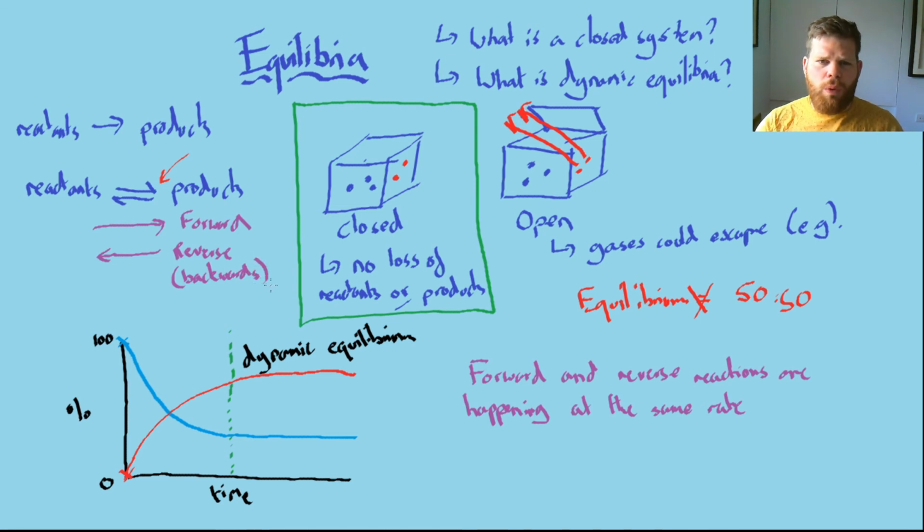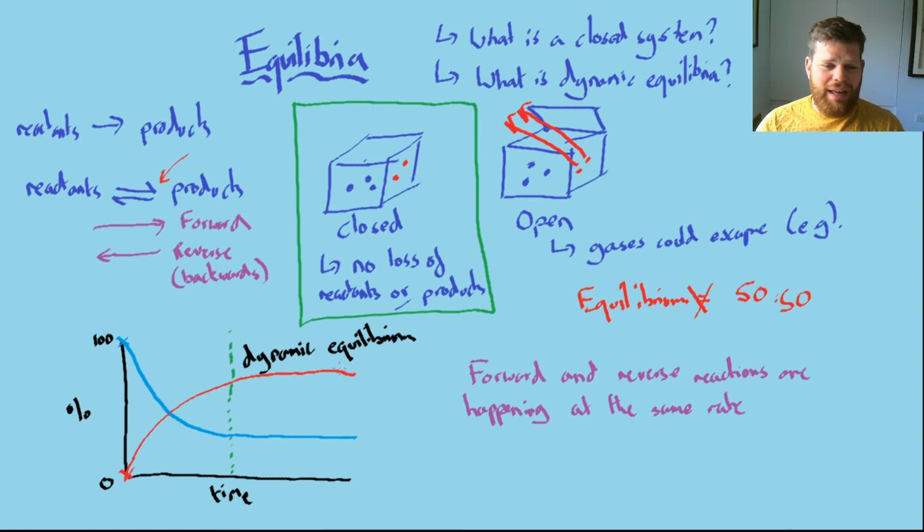So what we've got is this concept of equilibria, which only happens within a closed system. A closed system is one where there's no loss of reactants or products. Dynamic equilibrium is the point at which the forward and reverse reactions are occurring at the same rate. So it's not when we have a 50-50 balance.